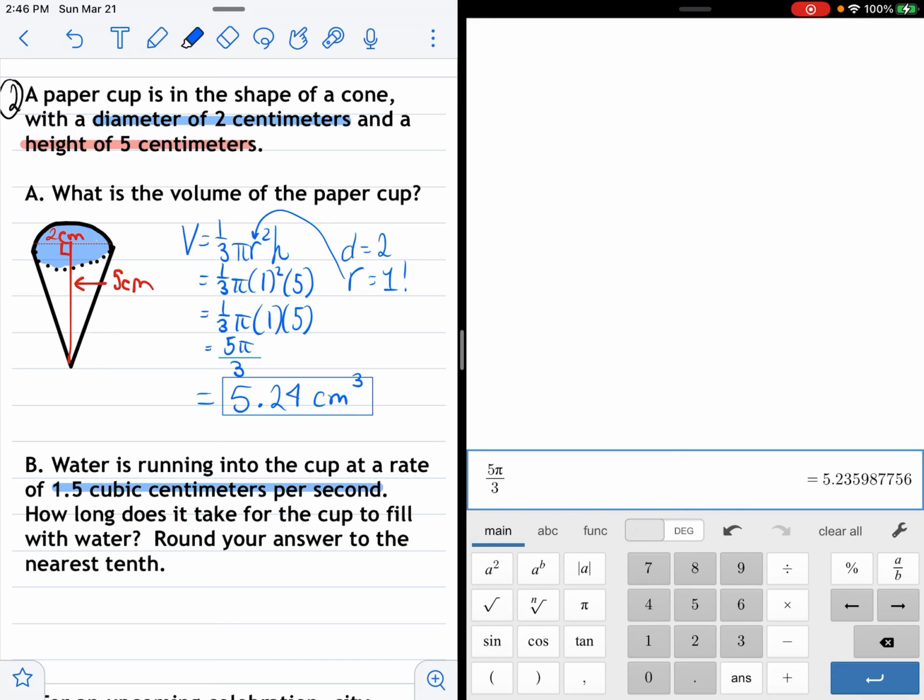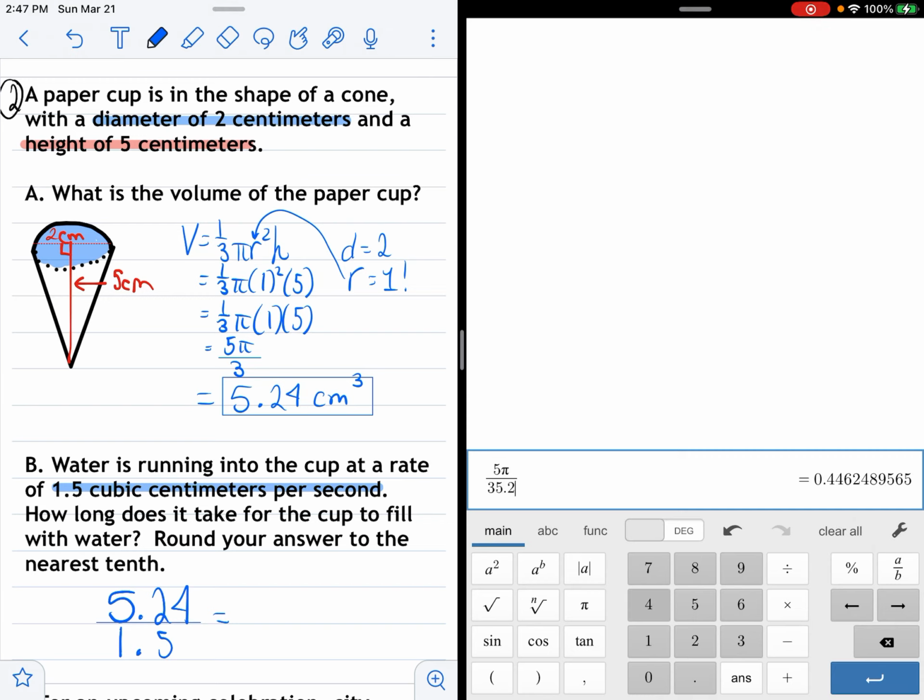So all I need to do is take the volume of the cup, which is 5.24, and I'm going to divide that by the rate it is filling, which is 1.5. And if I put those numbers in the calculator, then I will get how long in seconds it will take to fill the cup.